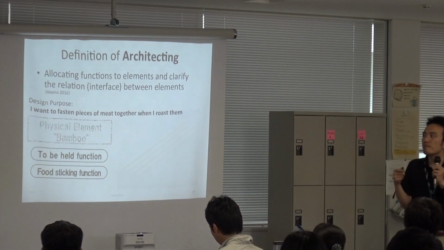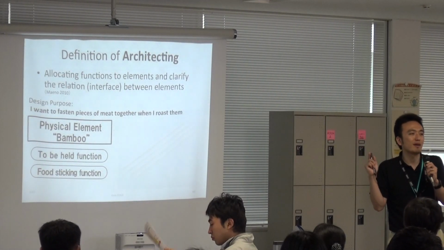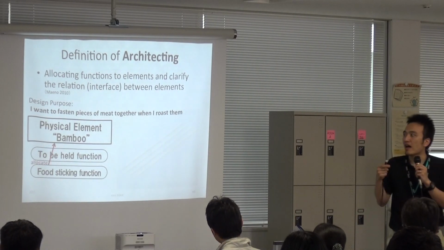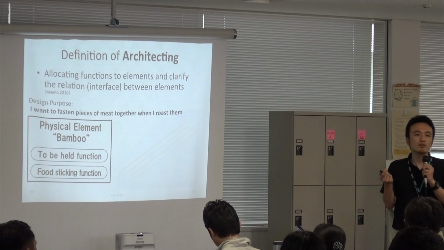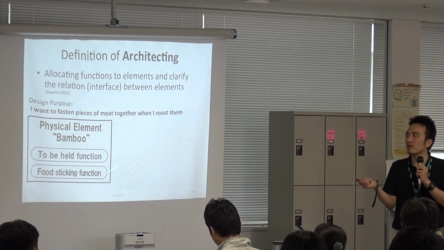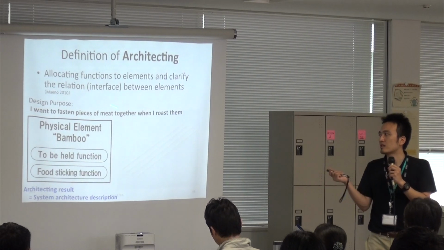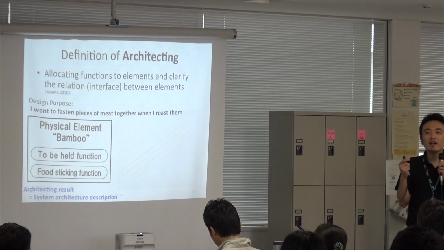So maybe I have bamboo in the back of my yard, so maybe bamboo is a good choice. And then you think, okay, I'm allocating these two functions to this bamboo element. Here's my architecting result, or system architecture description, that I have.